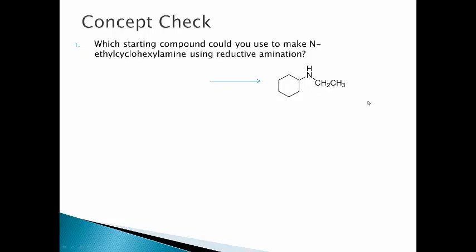So the easier way to go about this would be to start off with a carbonyl on the cyclohexyl ring, okay, and then acting as the amine, we have NH2CH2CH3.